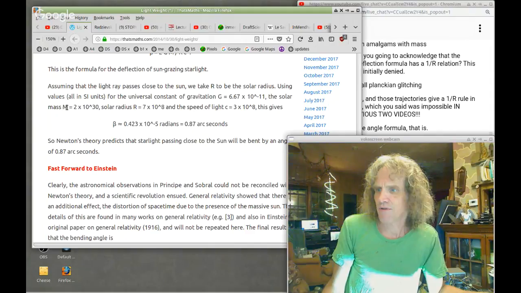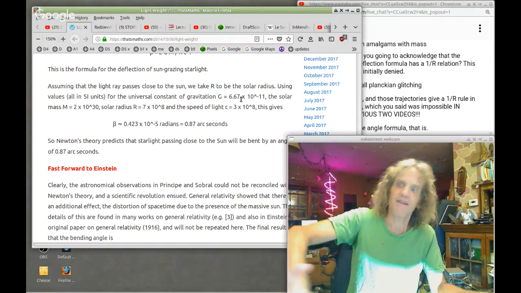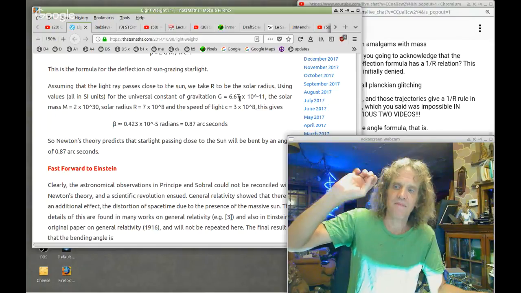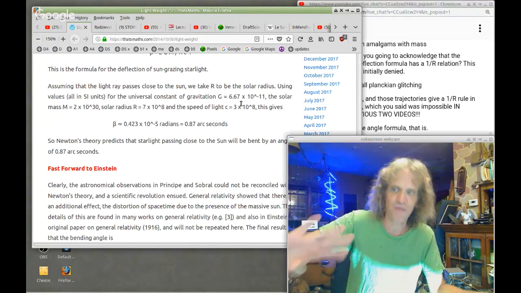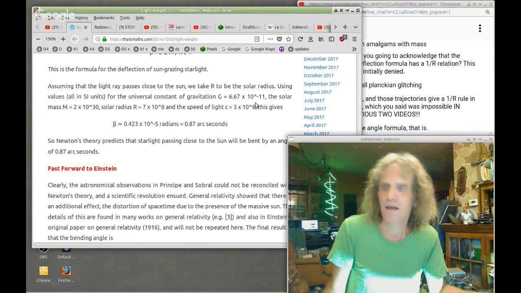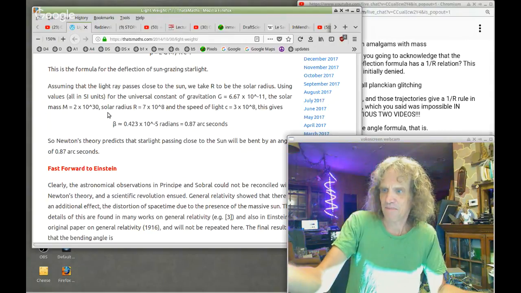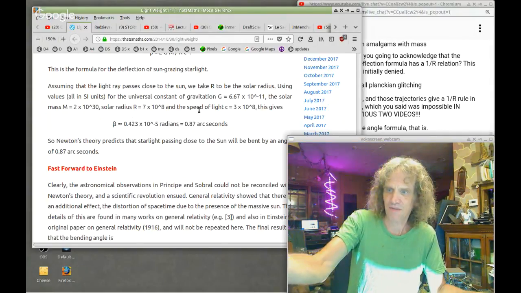Using values all in SI units for the universal constant of gravitation, which is, again, this gravitational constant just puts it into units. So there's no real gravitational constant. It's just an irrelevant number. The solar mass and the radius. So here's the radius of the sun.